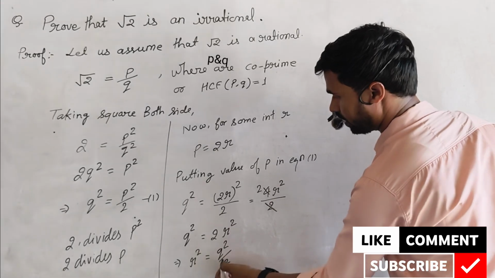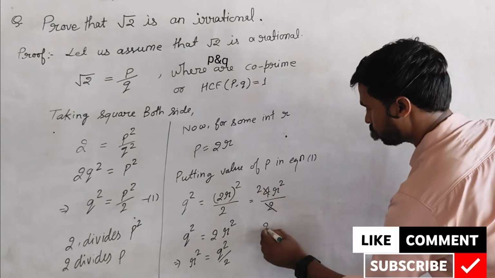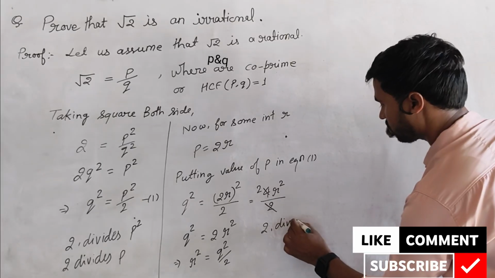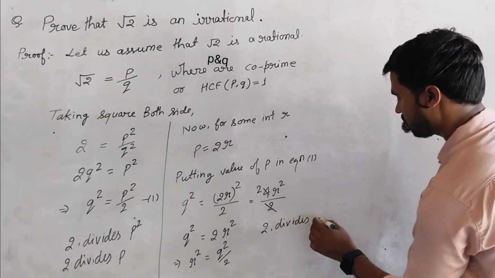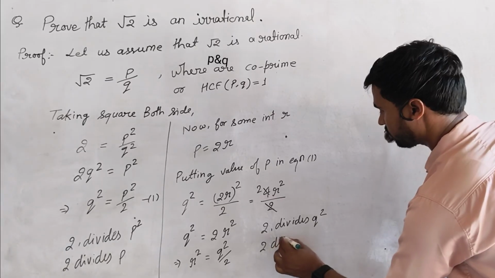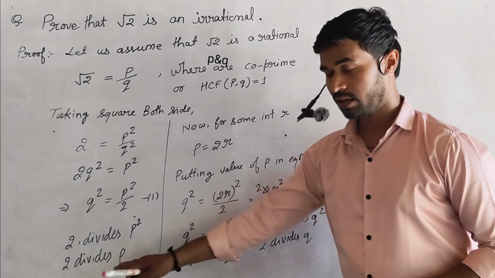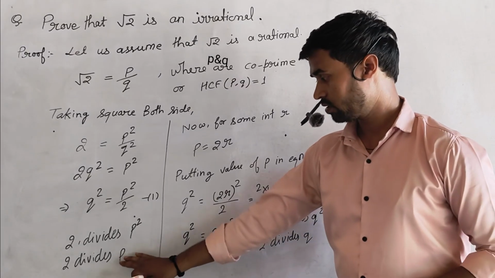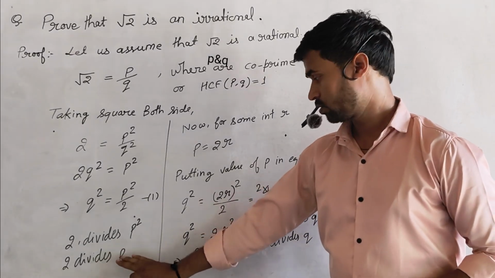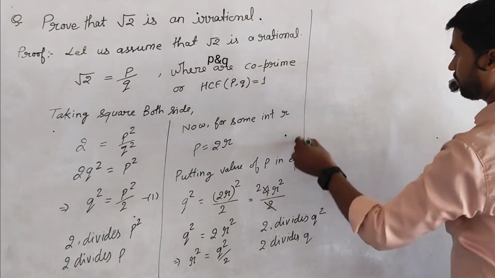And from here we can say that 2 divides q square, so 2 also divides q. From here and here we can see that there is 2 as a common factor between p and q.